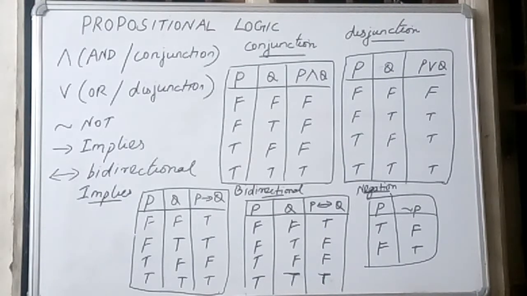Suppose if you give false, that is 0, it will give the value 1. So this is negation. If it is true, it will give false. If it is false, it will give true. So these are some important symbols and important truth tables of propositional logic.